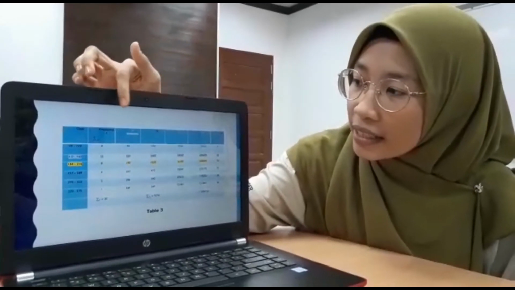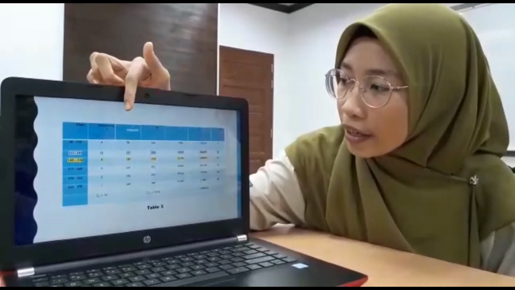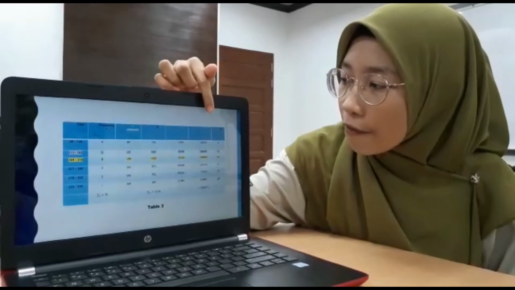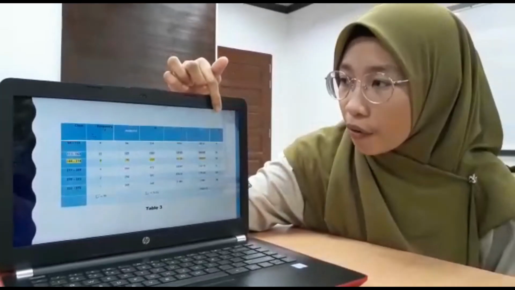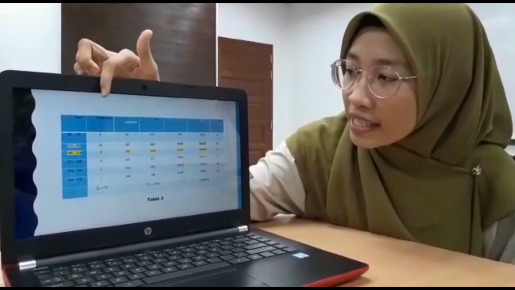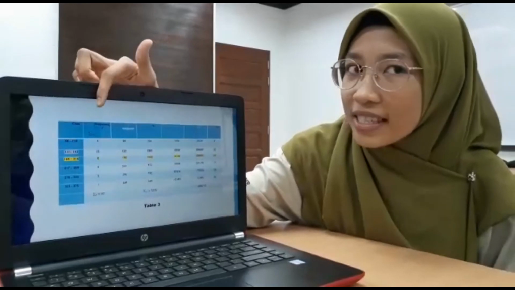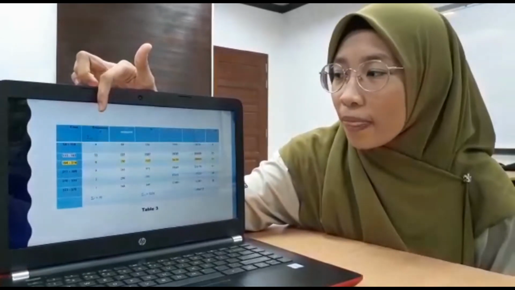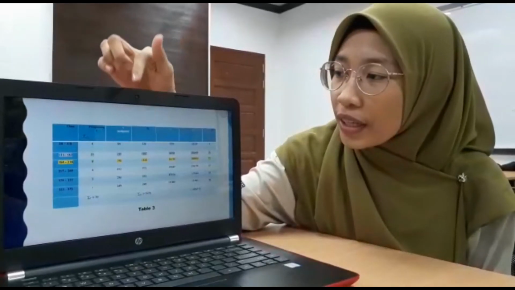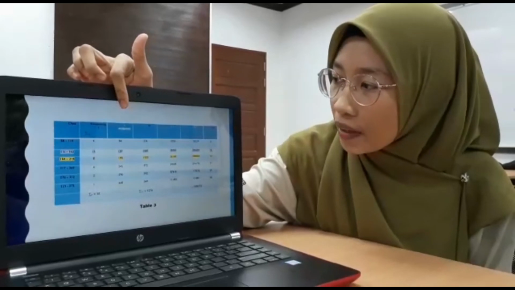Next data, we have frequency, midpoint, fx, x square and cumulative frequency. For fx, we get it from frequency multiply midpoint.